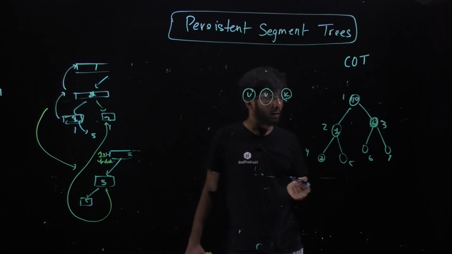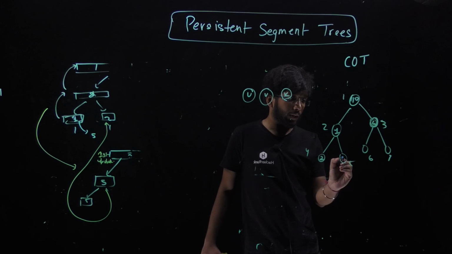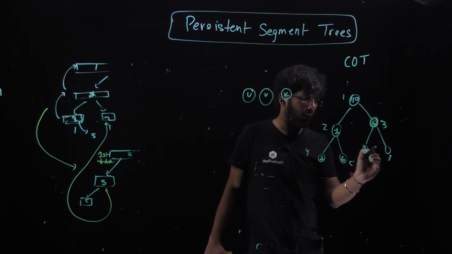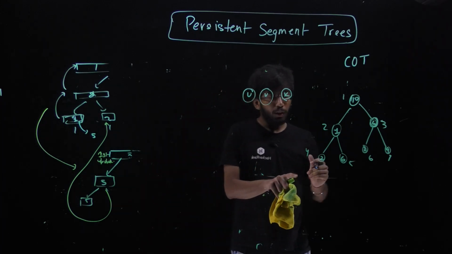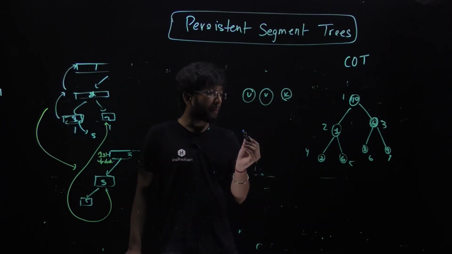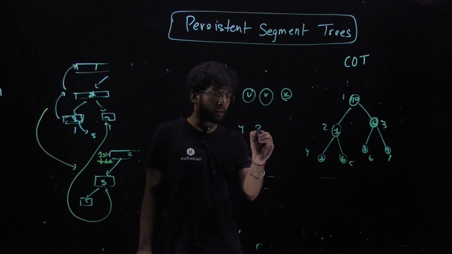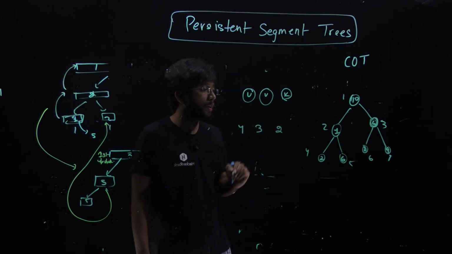And some random weights for these as well. Let there be 6, 8, 9. So a query can be like 4, 3, 2.